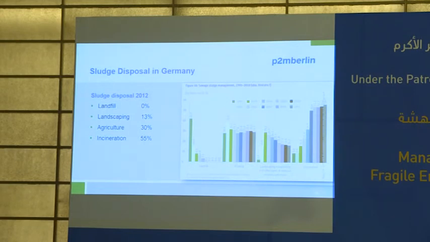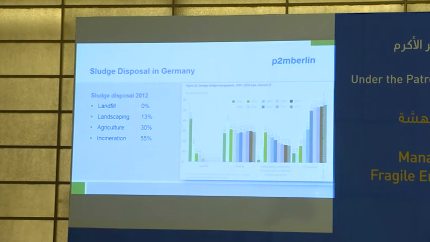This slide shows, with the columns from green to brown, the years from 1991 to 2011. It shows how we have changed sludge disposal over the years. We had quite a bit of landfill application, almost 50% in 1991.